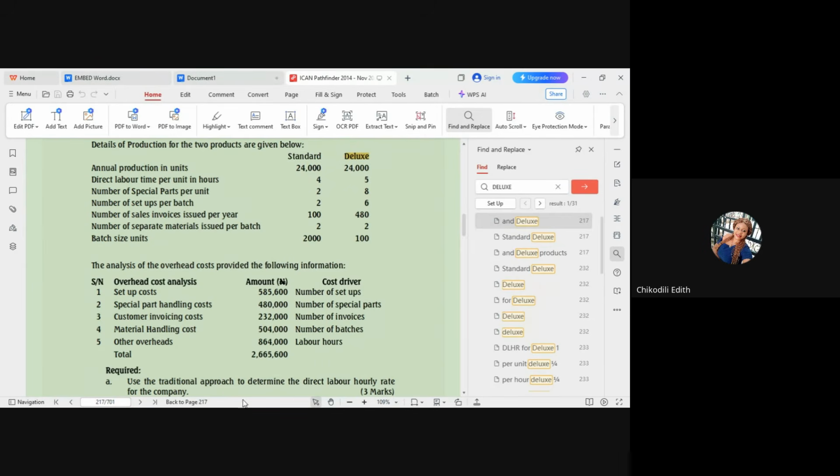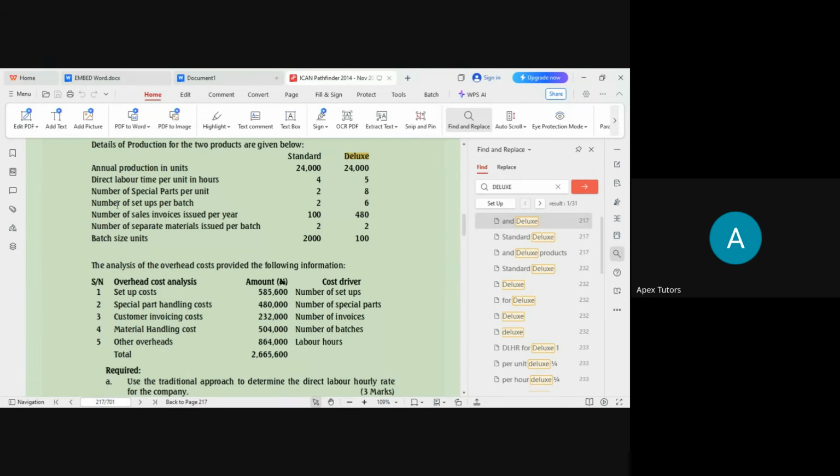I thought we would do 2 plus 6 equals 8. Then we'll use the overhead cost of setup and divide it by the total number of setups, which is 8. So my question and confusion is this. Why are we doing it at 24 over 2,000? That means 24,000 divided by 2,000 equals 12. Why? That's why I'm confused.